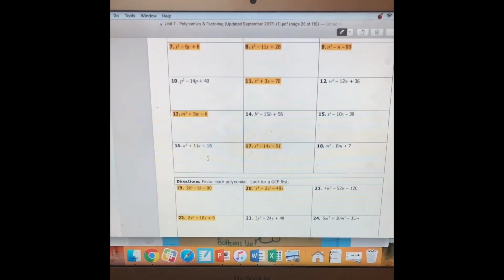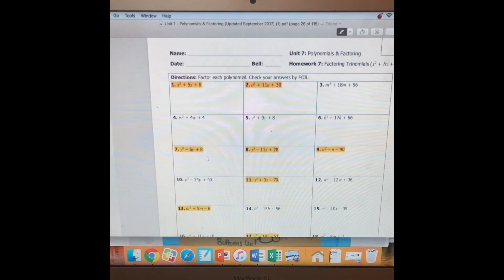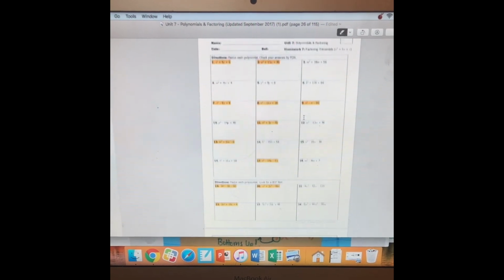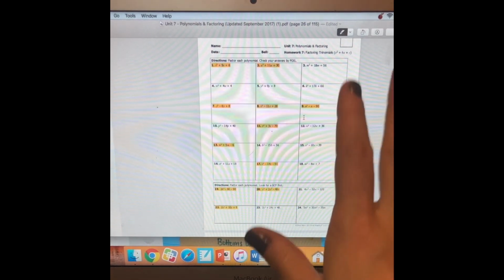You can also then please choose to do one more, any problem that you would like. But I would like for you to do the highlighted ones that I've shown you. I will post this picture onto Schoology as well, so that you are very aware of which ones you need to do. So just do the notes and do the ones that are highlighted and choose one more.